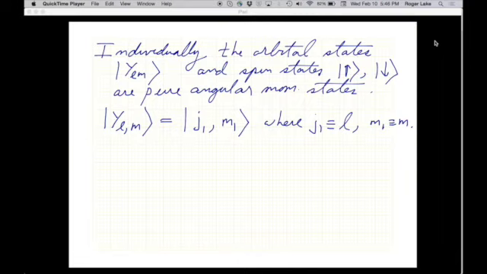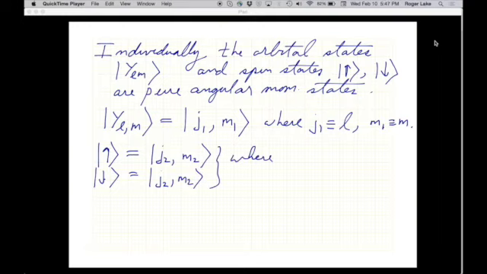Similarly, we're going to write both our upspin and downspin using the same notation, J2 M2, where J2 is S, which is 1/2, and M2 is Sz, which is your plus or minus 1/2.